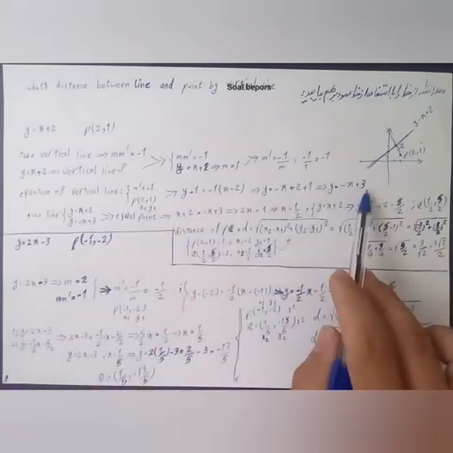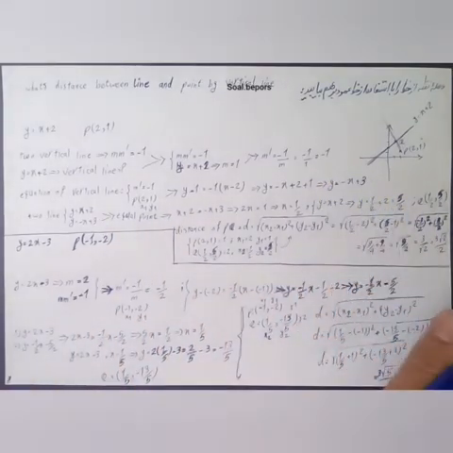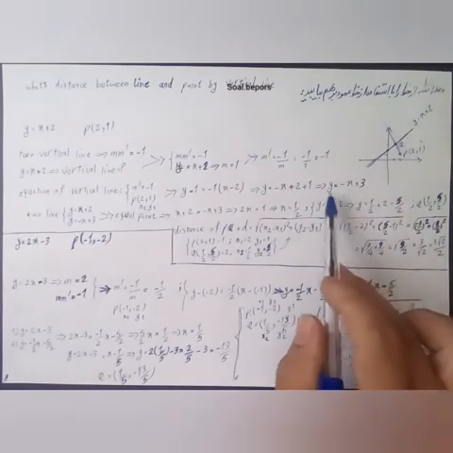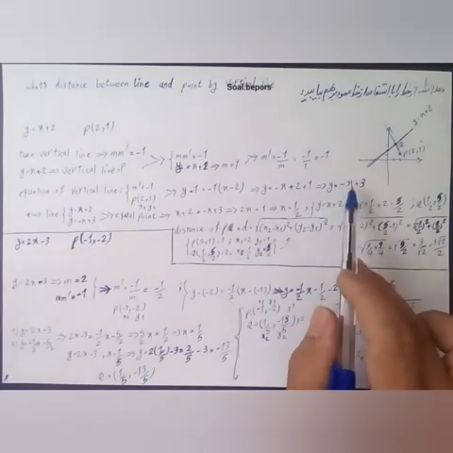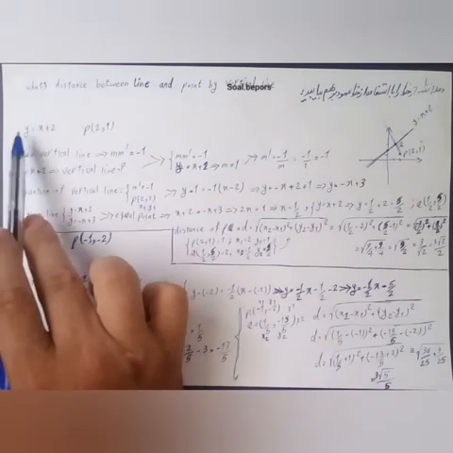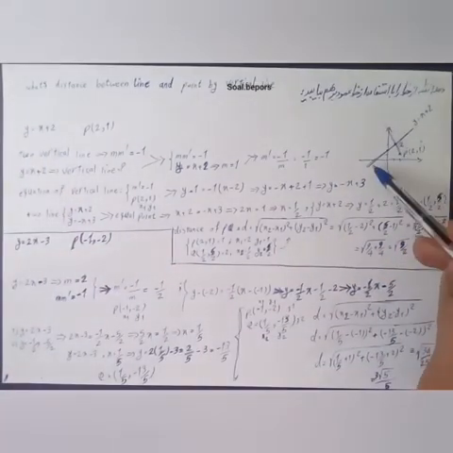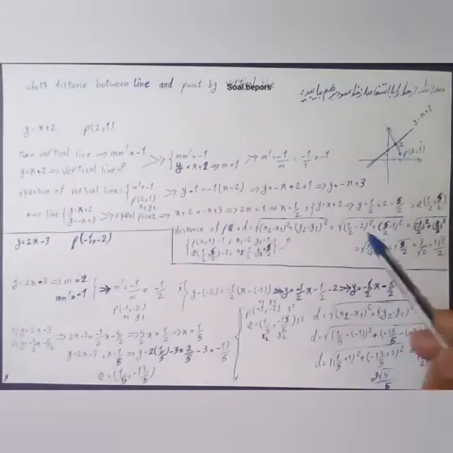Okay, we have two equations, the equation of the line and the equation of the perpendicular line.